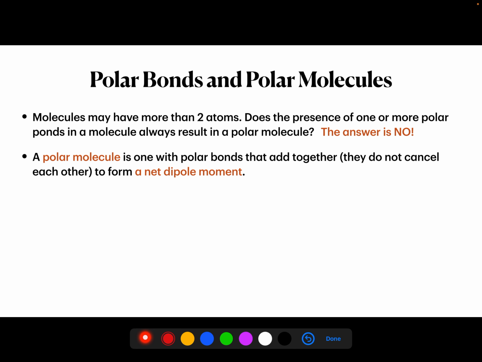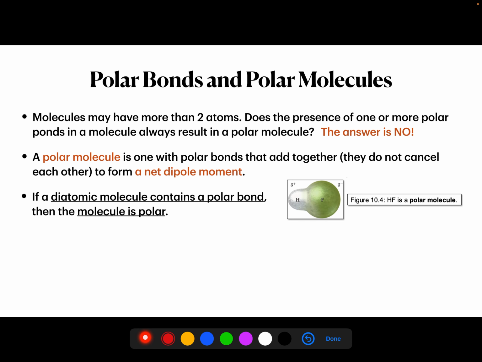So when we're talking about whether a molecule overall is polar, we need to think a little bit more about its geometry, because we need to think about whether the whole molecule has a dipole moment, a charge imbalance within the molecule.